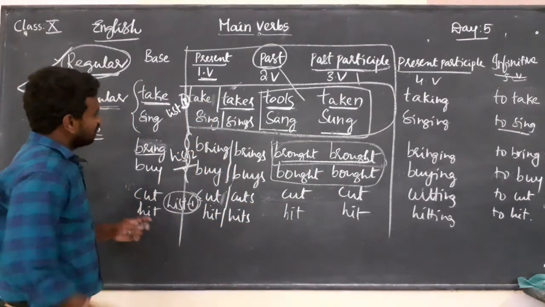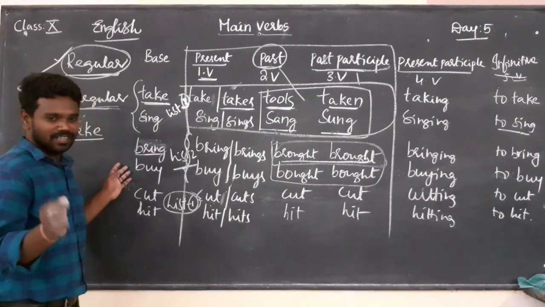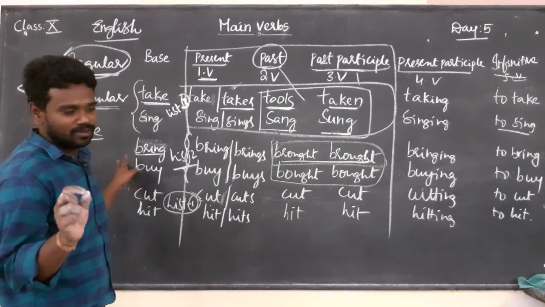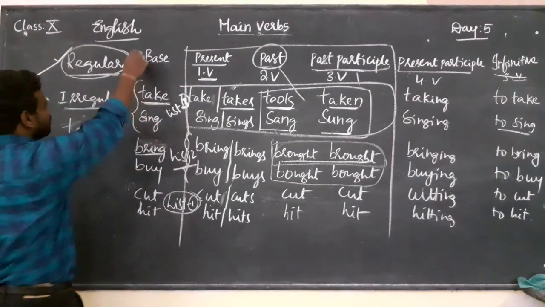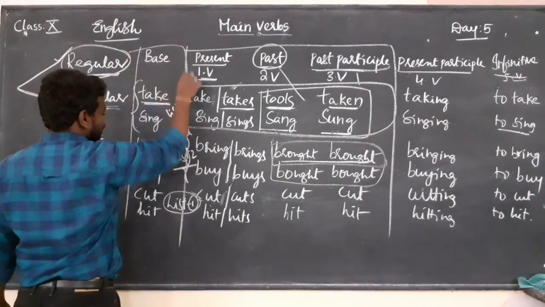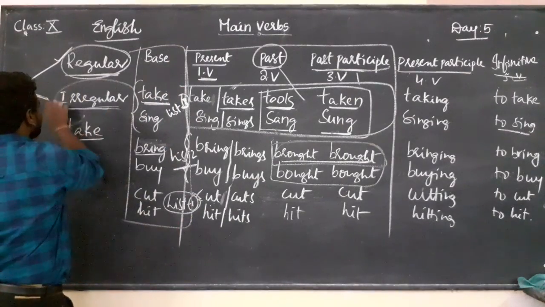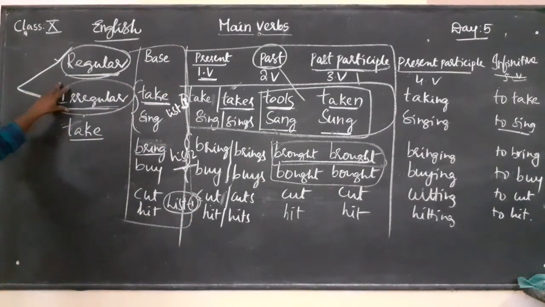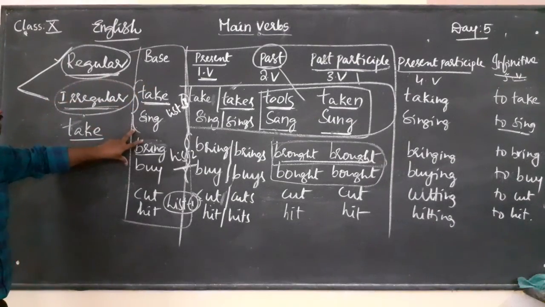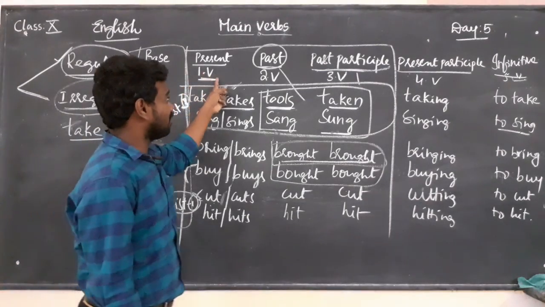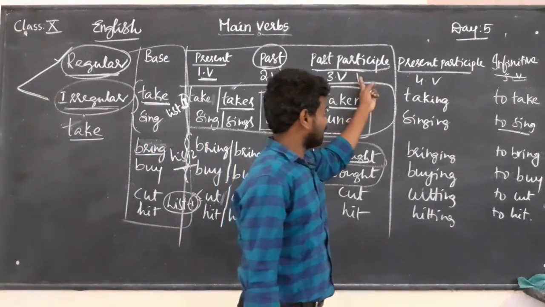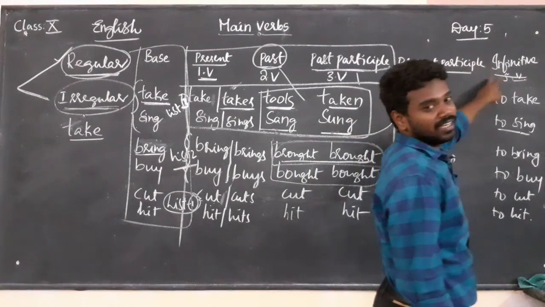So now here in the group, I want to post only the base form of irregular verbs. And that means what you have to do? You have to write present form, past, past participle, present participle and infinitive form.